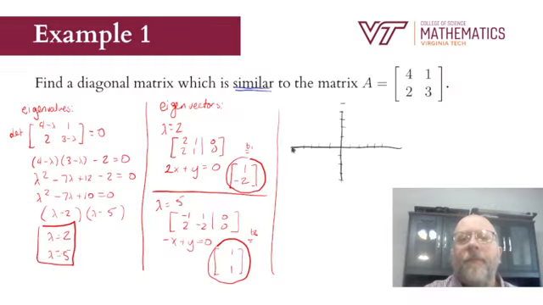So our first basis vector is (1, negative 2), which is right here. That's B1.